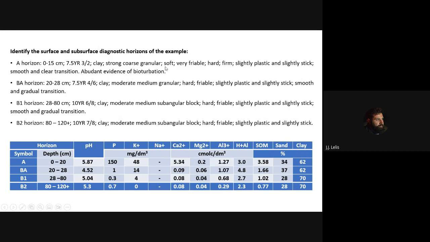It possesses a consistence classified as soft when dry, very friable when moist, hard and firm. Oh, hard and firm. I think that something is wrong here again.